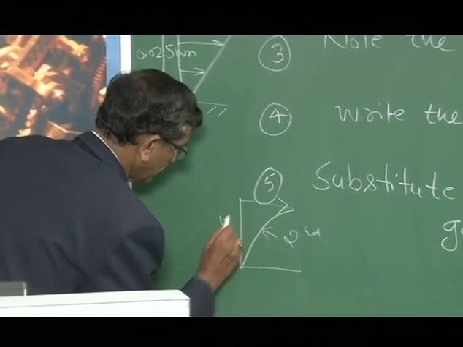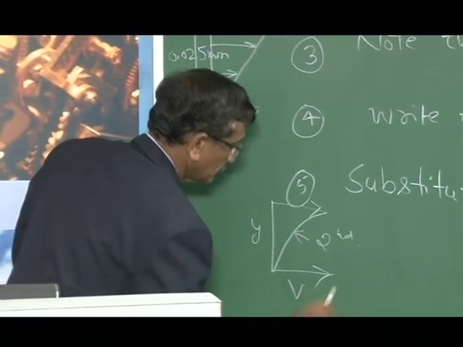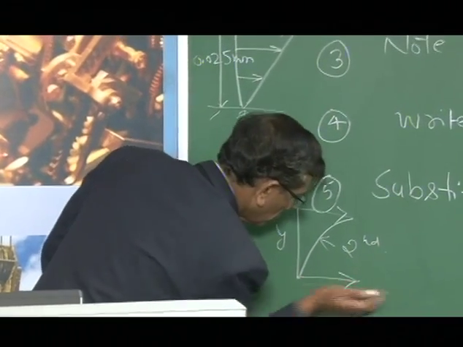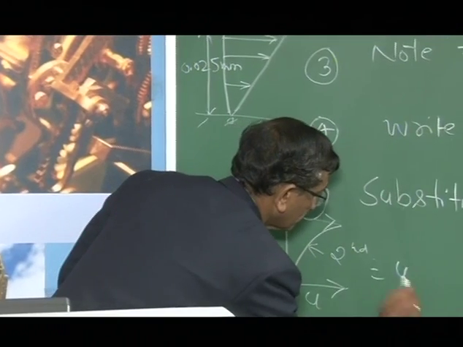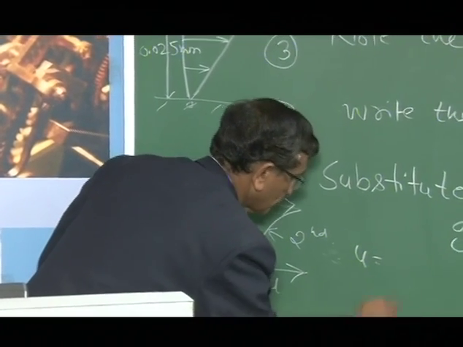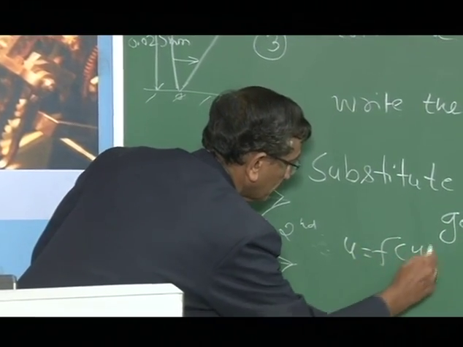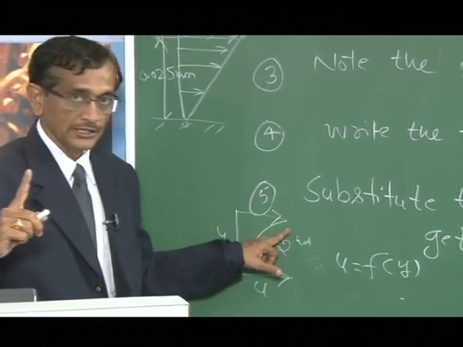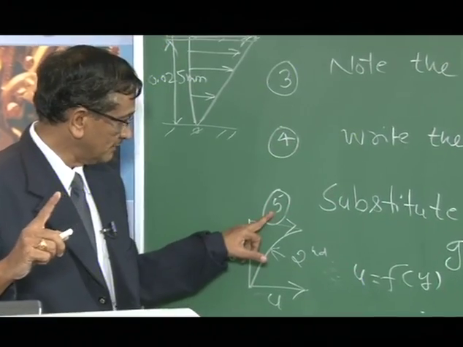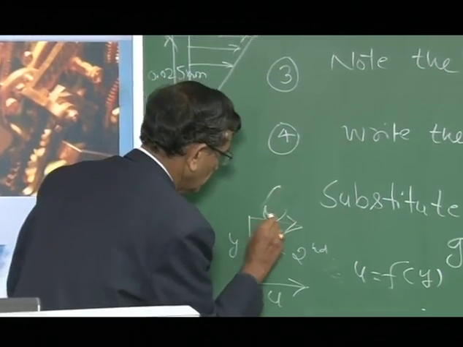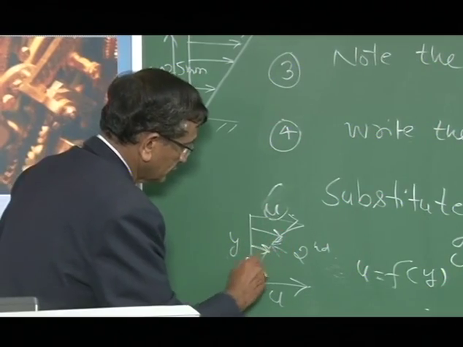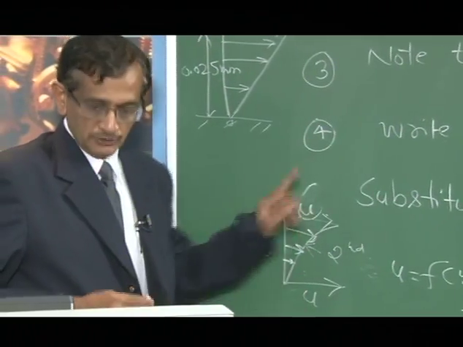This is your y and this is your u. So you can see here u is a function of y, but not linear. It is a second degree equation. U is the maximum velocity, u here and y here. So like this, correct. Come back.